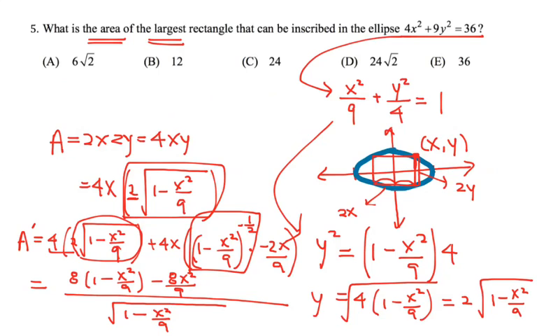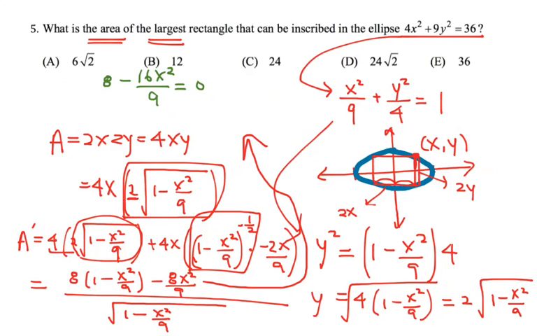Now, if we simplify this further, since we don't have much space, I'm going to bring this one to the top a little bit. Here we end up getting just the numerator has to be equal to 0. That means we get 8 minus, let me just change the color, 8 minus 16 x squared over 9 has to be equal to 0.